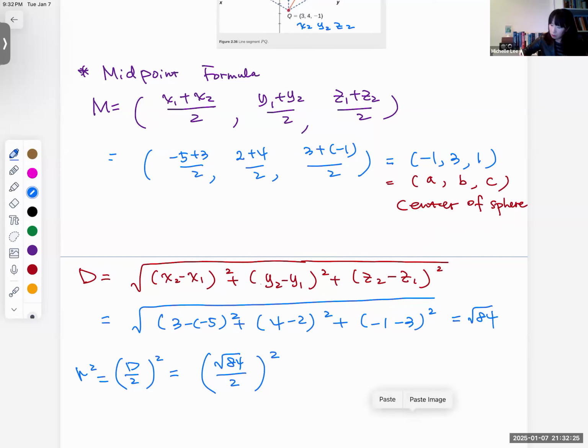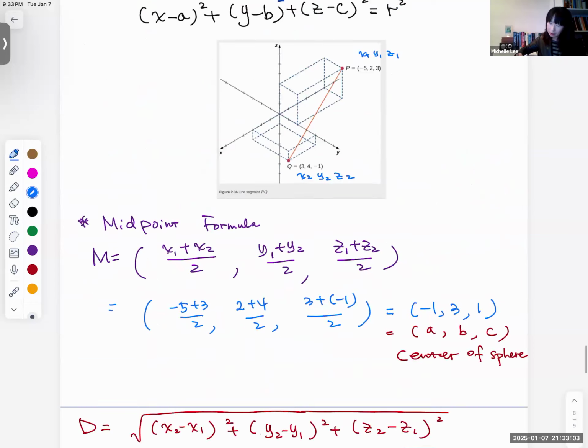So that will be 21. Can you double check this one? Okay, then we are done. Let's just arrange the equation of the sphere. So let me write down.